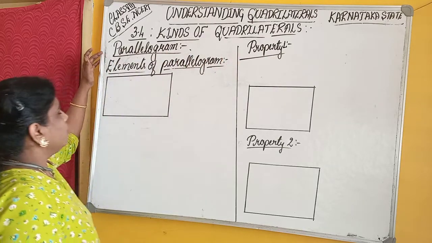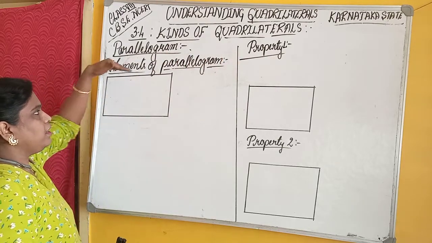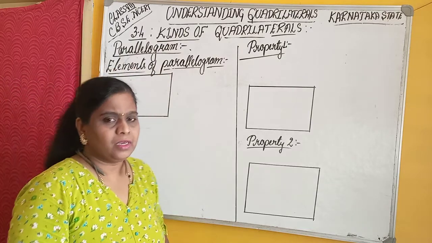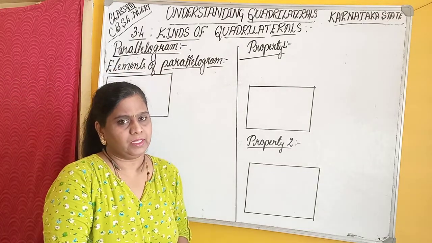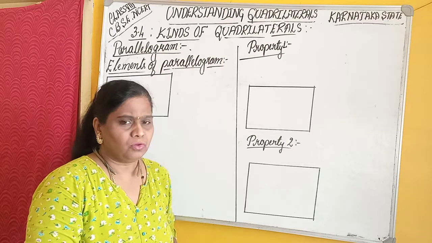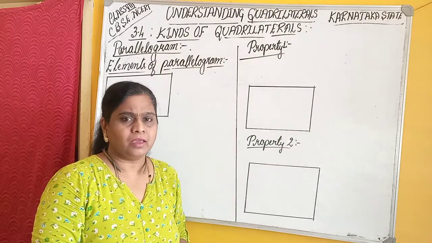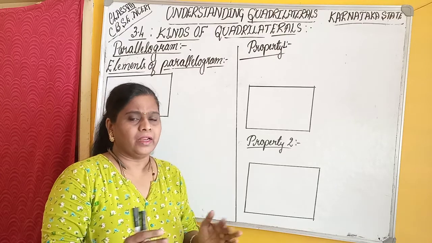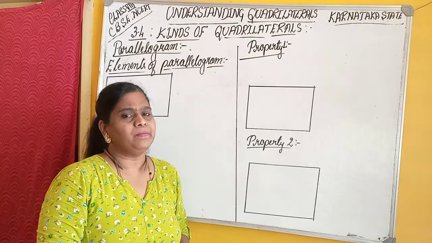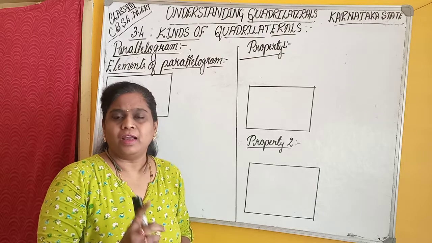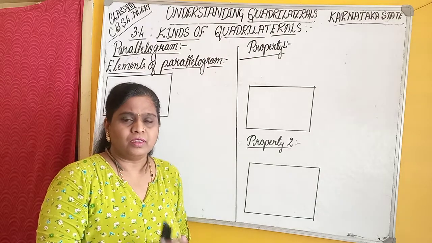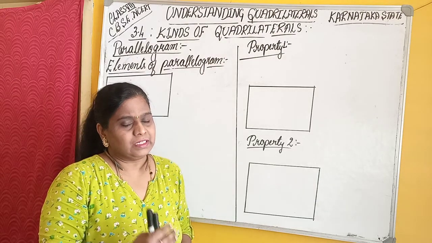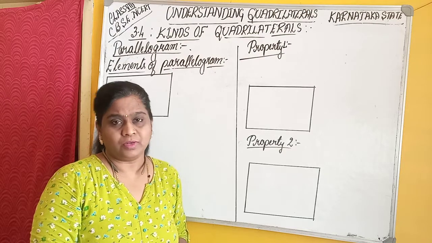The parallelogram. Let us study the elements of a parallelogram, the elements which are involved in the parallelogram. You know that a parallelogram is a quadrilateral with 4 line segments. It's a closed figure bounded by 4 line segments. Along with that, you know that the opposite sides are parallel to each other.